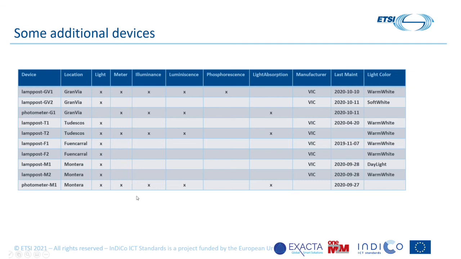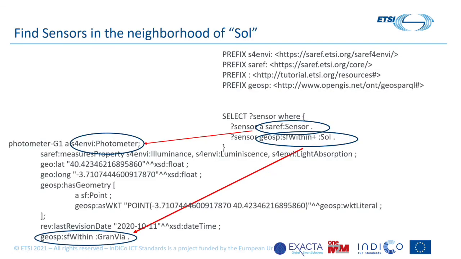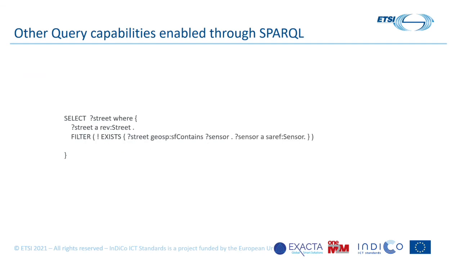But all the other streets in our scenario have sensors on them. And again, we were able to do that through the expressive Sparkle query language, where we're saying return the street where it does not exist a street containing that sensor, or containing a serif sensor.